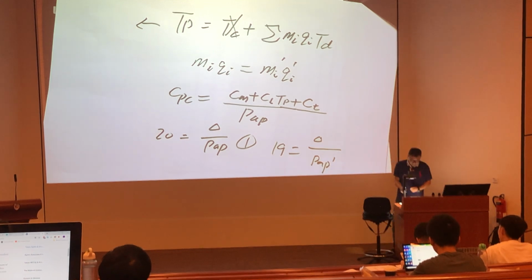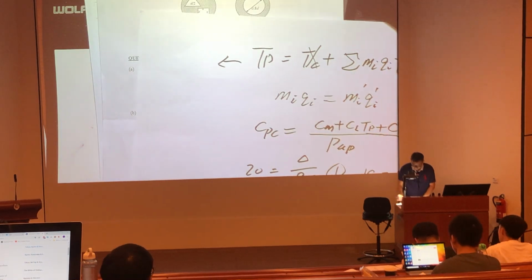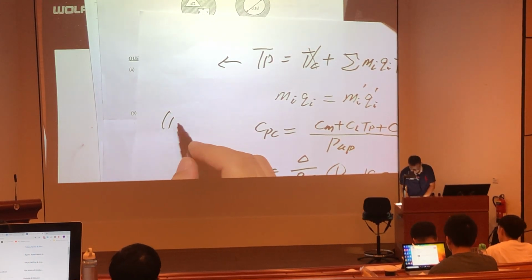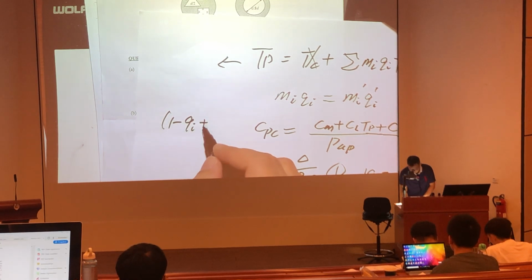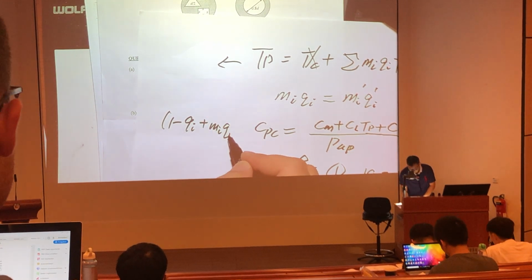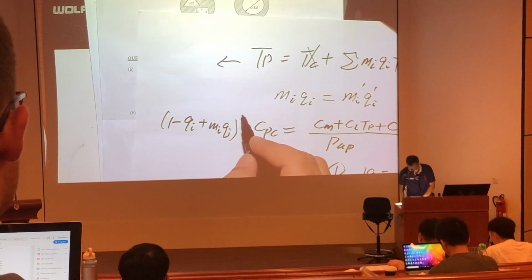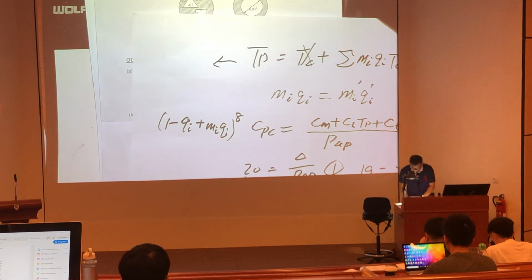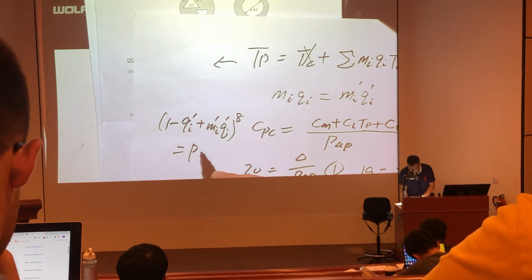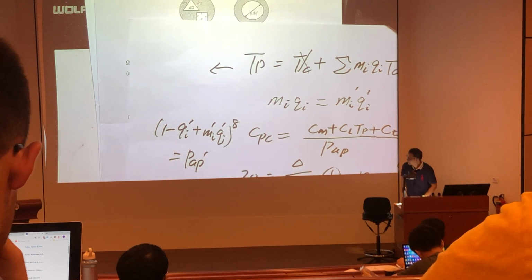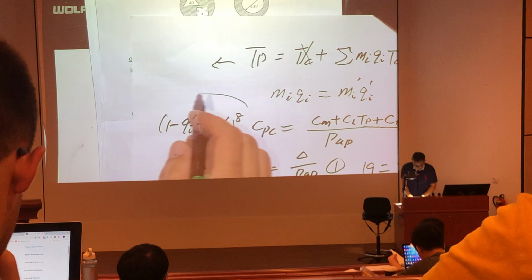And PEP has this form, 1 minus Q plus MQ, to the power of N, where N is 8 stations. So eventually you will use this equation.